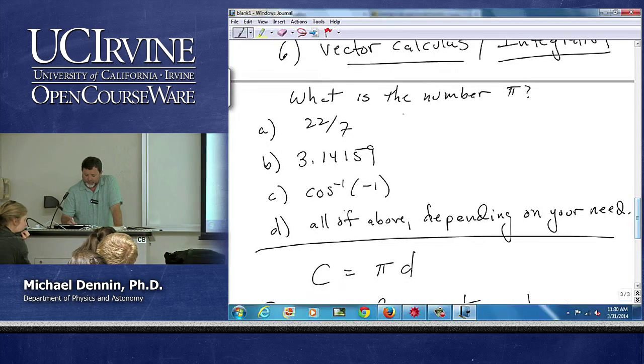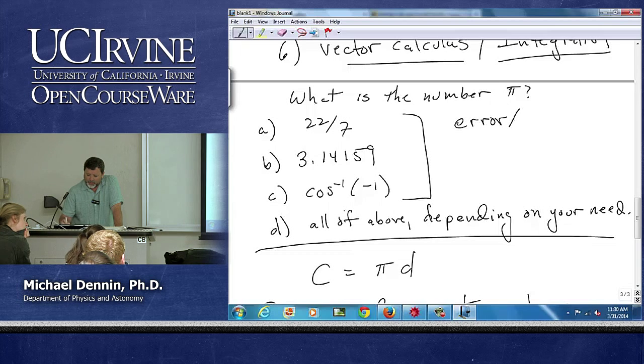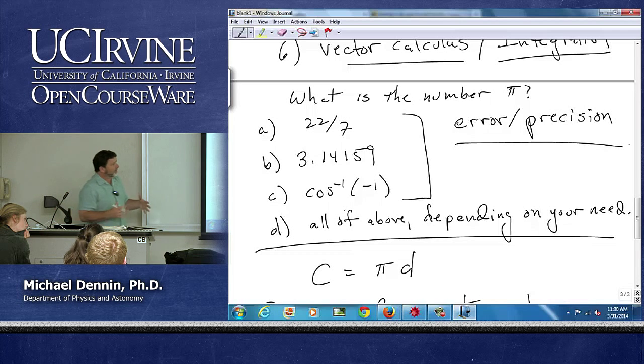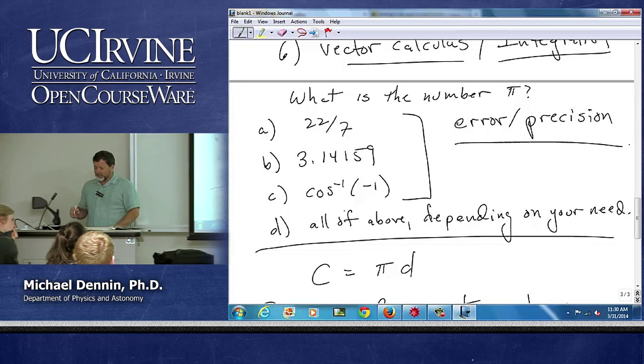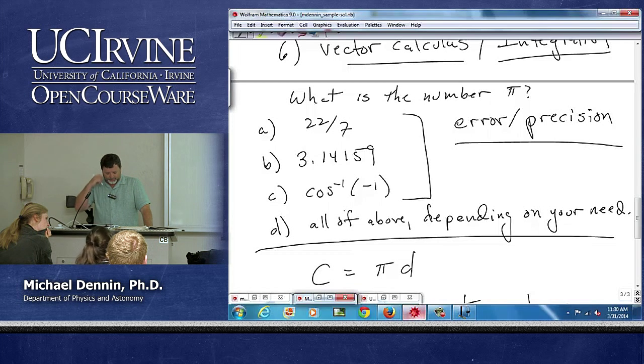With these numbers, what we care about is really either the error or the precision that's involved. We're rarely dealing in an exact number. And this is important to understand when we go to Mathematica.